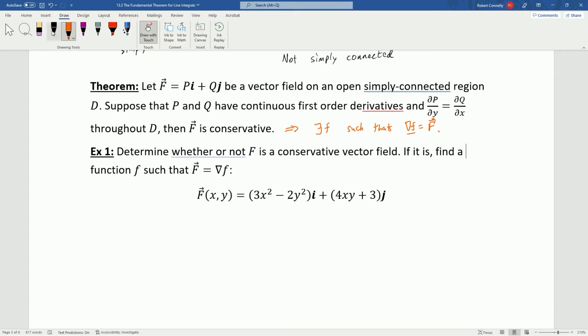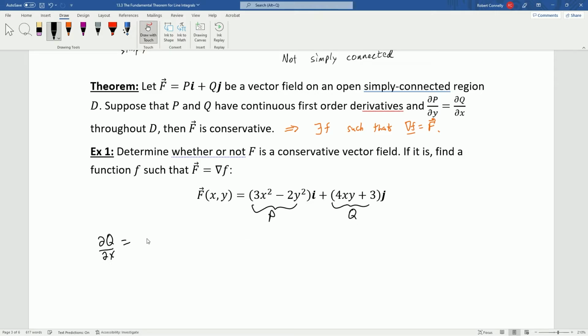So, example 1. Determine whether or not F is a conservative vector field. If it is, find a function f such that the vector field F equals the gradient of little f. Well, the first thing we're going to check is this is P, this is Q. So what's dQ/dx?